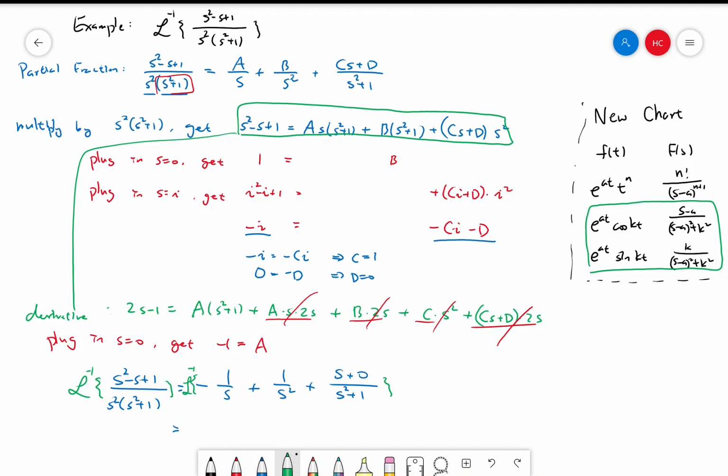The inverse Laplace transform for negative 1 over s is negative 1, with n equal to 0 and a equal to 0. For the second one, n equal to 1 and a equal to 0, so this is t. For the third one, it's s over s squared plus 1. That's cosine, so this is just cosine t, not shifted. So this is our final answer.